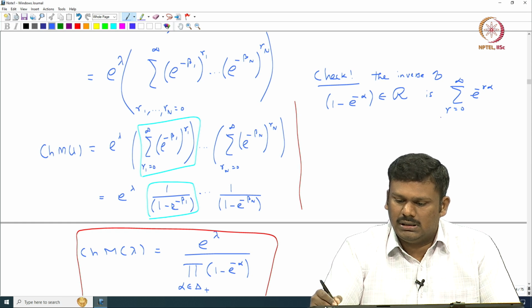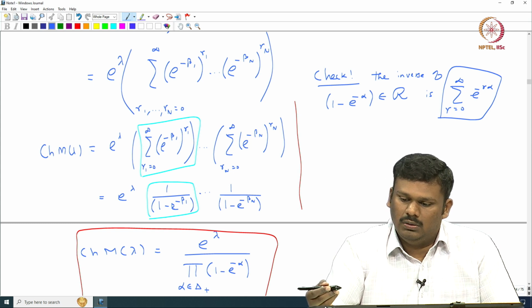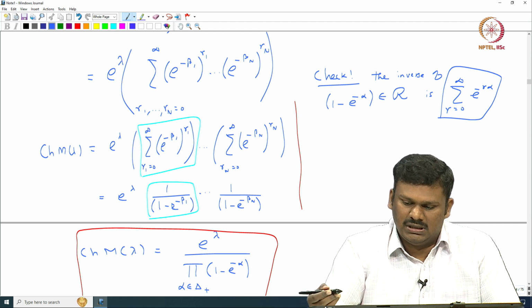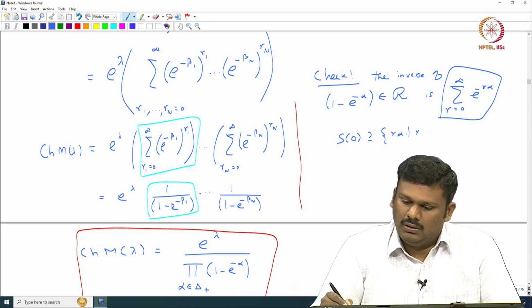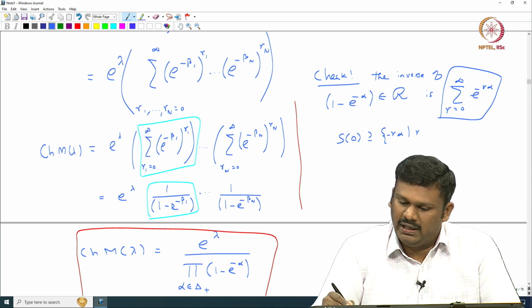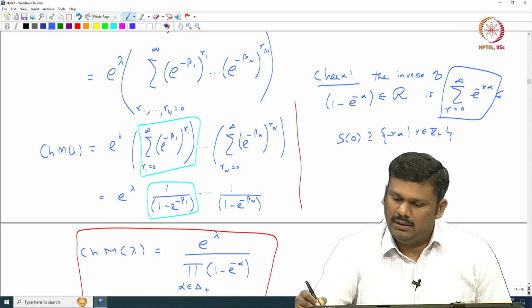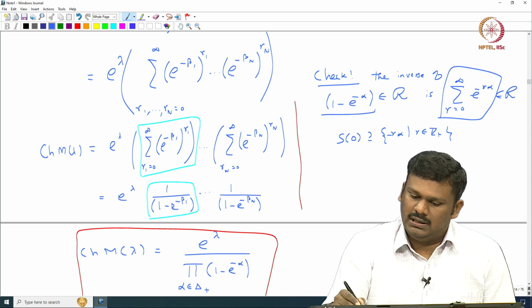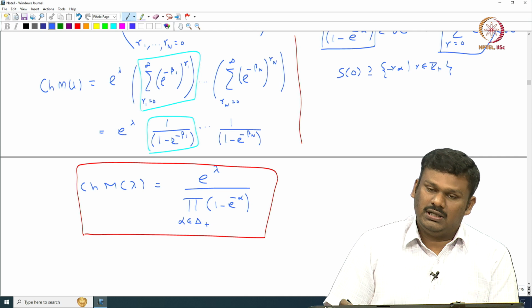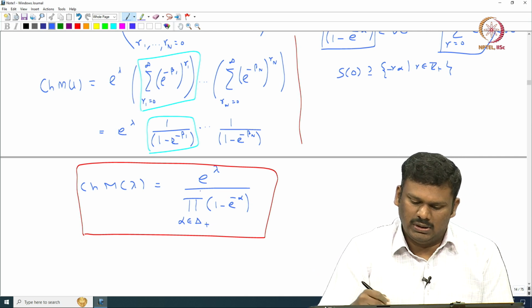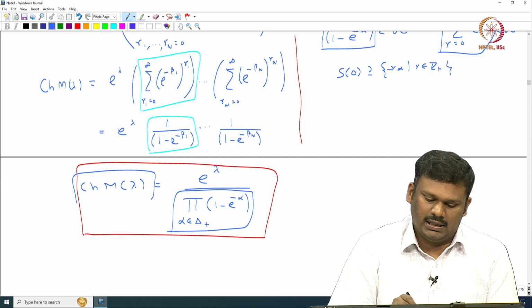Note that this is also there in our ring, because the support of this is all inside S(0). S(0) contains all these minus r alpha, with r coming from Z plus. So, that is obvious. In particular these are all elements of R, and if you take this 1 minus e power minus alpha, the inverse of that is exactly this. Now, this product is a finite product. Once you have the inverse for each element, then you can take the product of the inverses, not a problem. So, that is what this product means. And if you take that inverse and then multiply by e power lambda, then you are getting this character of M(lambda).